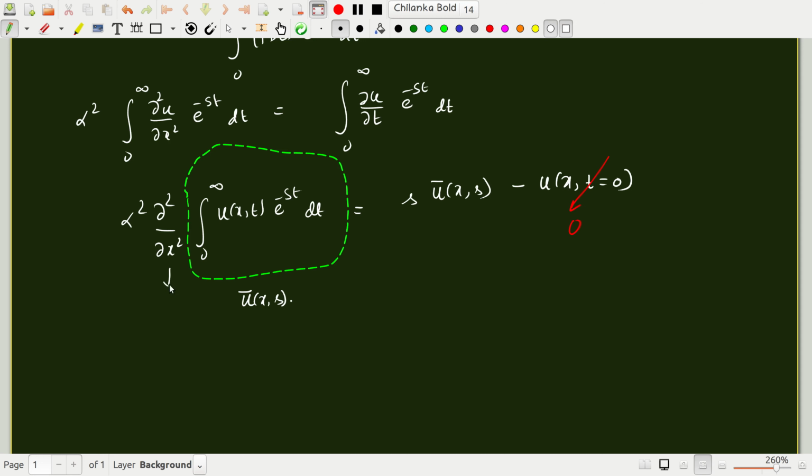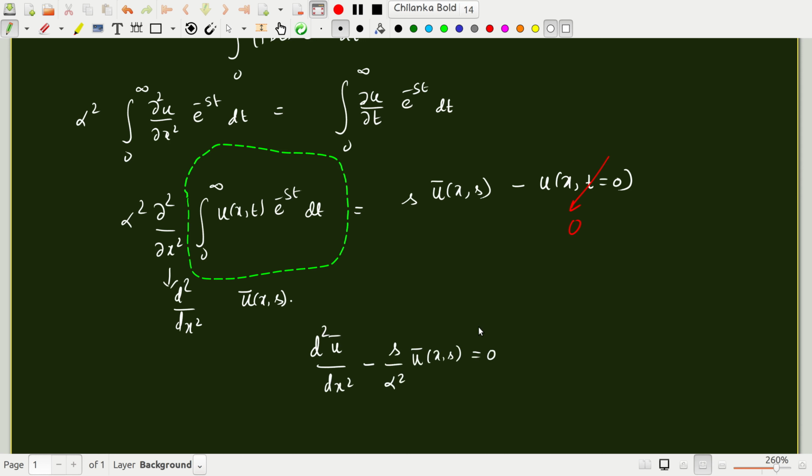Now I can convert this to d squared by dx squared, the ordinary derivative, because the resulting equation is a differential equation only in x. Although u bar is a function of two variables, there is no differential in s. So you can effectively think of this as an ODE: d squared u bar by dx squared minus s by alpha squared u bar of x,s equals 0.